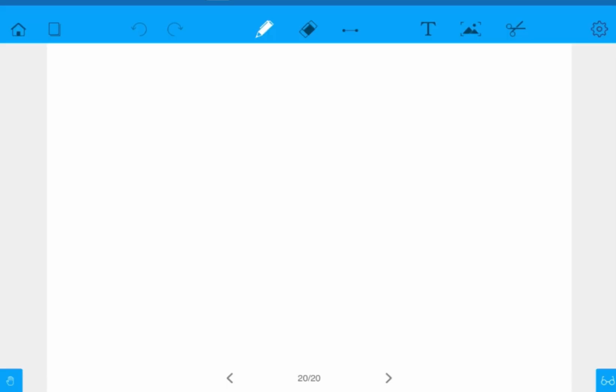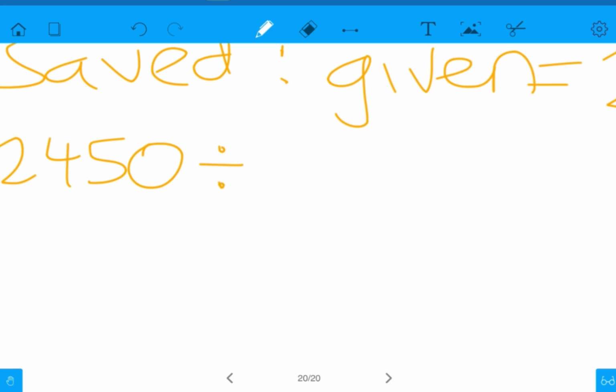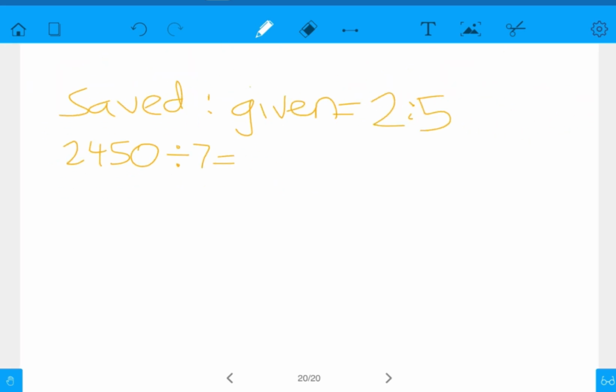The ratio of money saved to the money that's given is 2 to 5. So there's 7 parts in total. So each part of money will be 2,450 pounds divided by 7, which is 350 pounds.